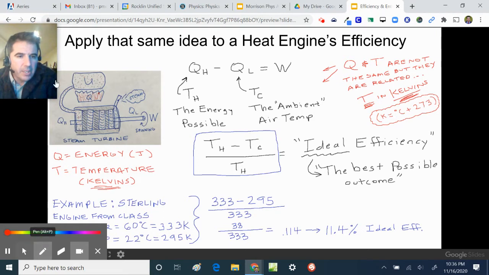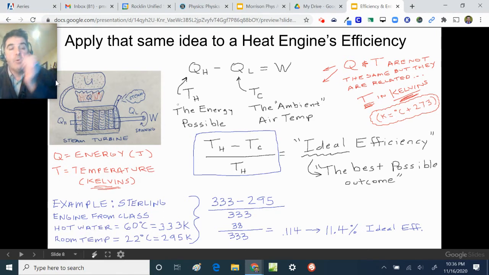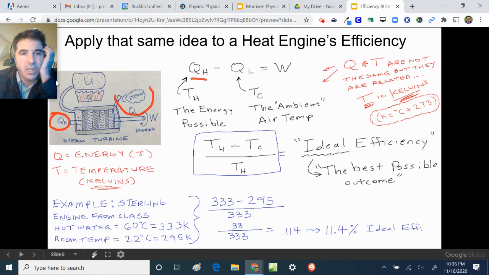So let me take a look at the overall equation of what's going on. QH is the high side of the heat. It's the hot side. But it always has to deal with the low side on the outside. The ambient temperature is causing back pressure, and so the amount of work that you can do is always a difference between the hot side and the cold side. So instead of using heat, which is joules, we're going to use temperature, because temperature is related to the amount of heat.